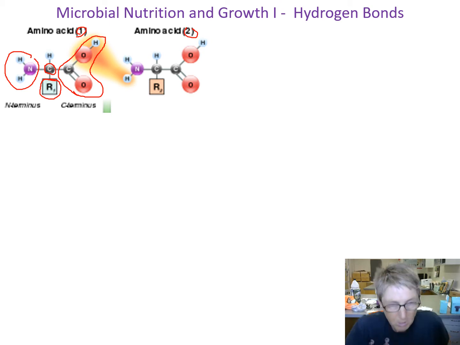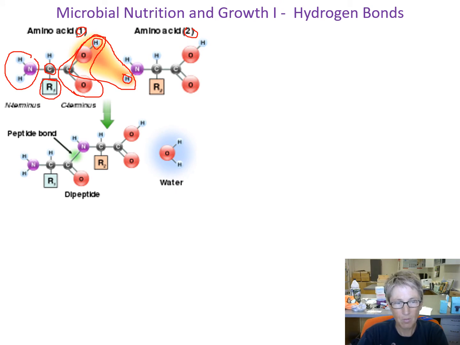To build a protein, you need to hook up your amino acids, and you do that by making this thing called a peptide bond. When you make a peptide bond between 2 amino acids, you remove a water molecule. And that's what this orange coloring in here is. When you hook amino acid 1 to amino acid 2, you remove the 2 H's here and here, and an oxygen, that's H2O.